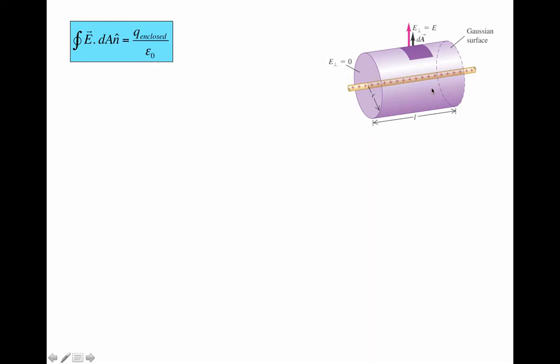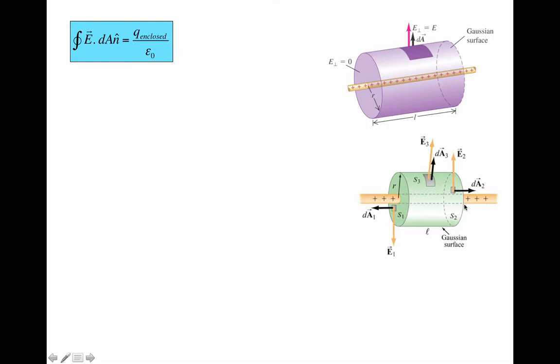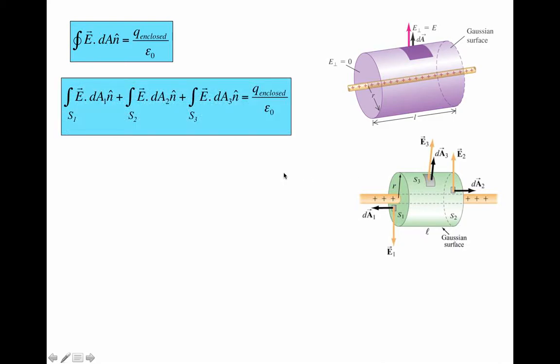Then I have this cylindrical Gaussian surface that I'm going to use. I'm going to break it into three parts. Surface 1 is this side, surface 2 is the other side of the cylinder, and surface 3 is the curved surface of the cylinder.